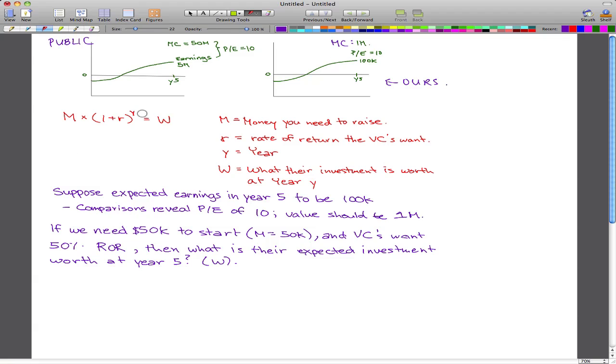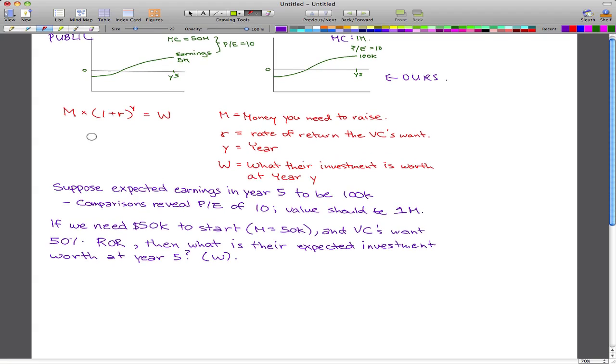So here is our equation. M is the money you need to raise, R is the rate of return that your venture capitalists want, Y is the year, and W is what their investment is worth at year Y. Here's the example.